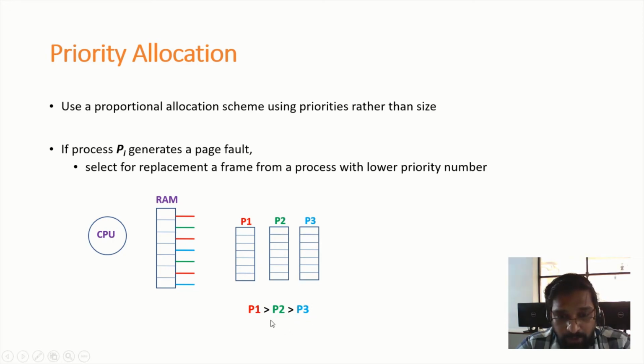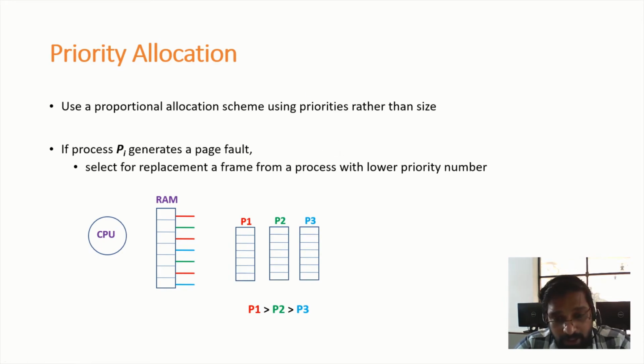Among P1, P2, P3, P3 is the lowest priority process, and 2 frames have been allocated to it. So one of the frames allocated to process P3 will be assigned to process P1. That is what priority allocation says.